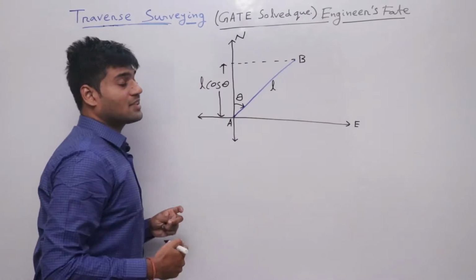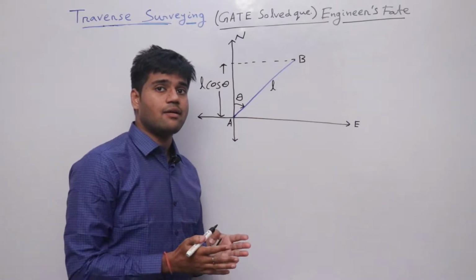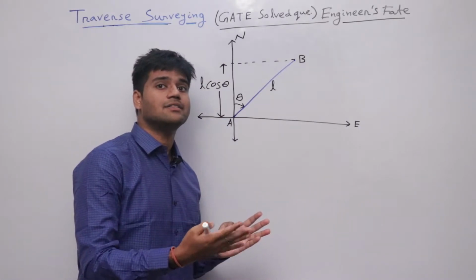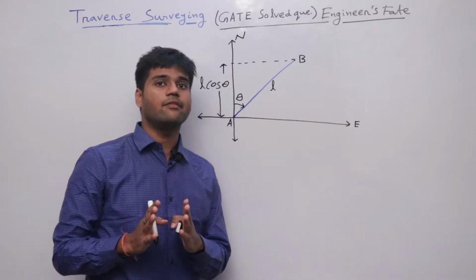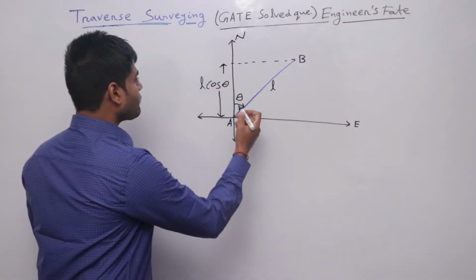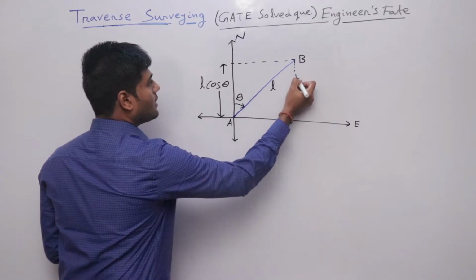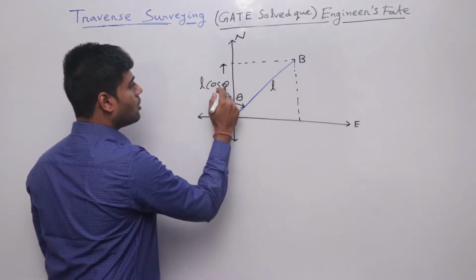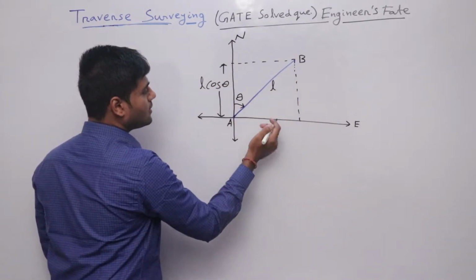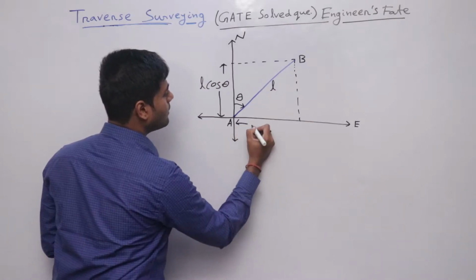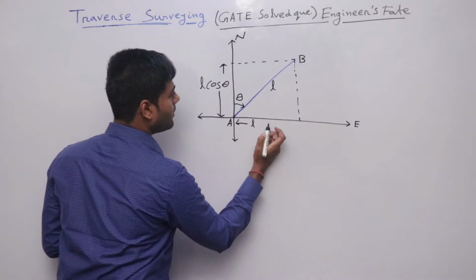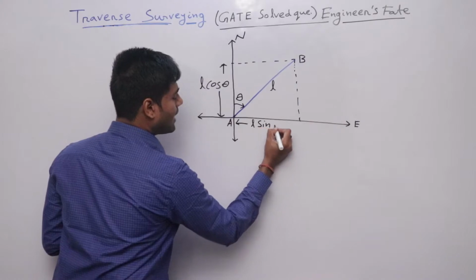The side adjacent to the angle is cos, the alternate is sine. I hope you remember that. So corresponding to this line, that is cos, the opposite side will be sine. So the length of this will be L sin theta.